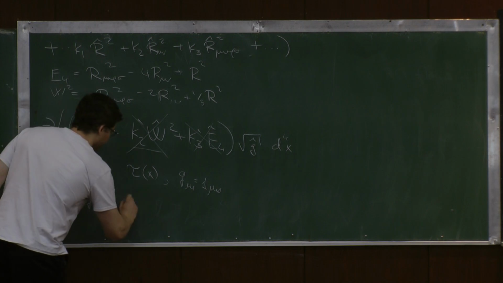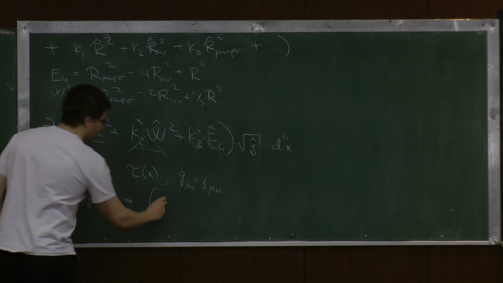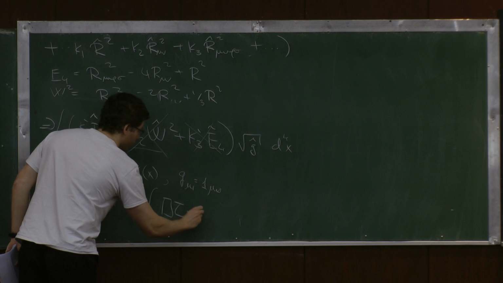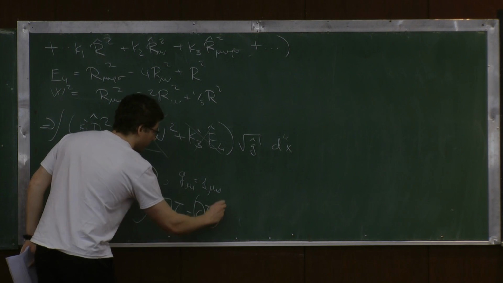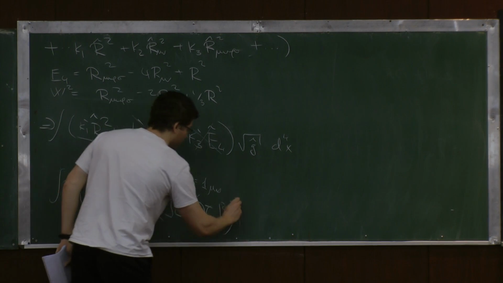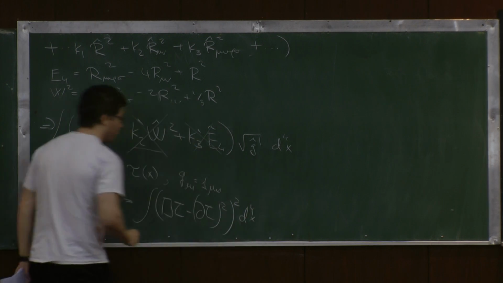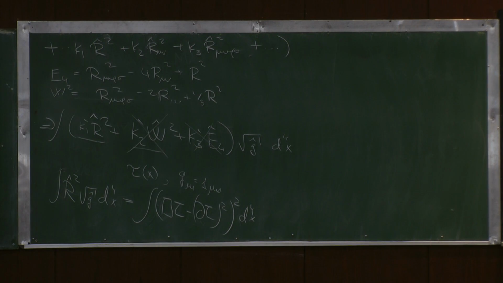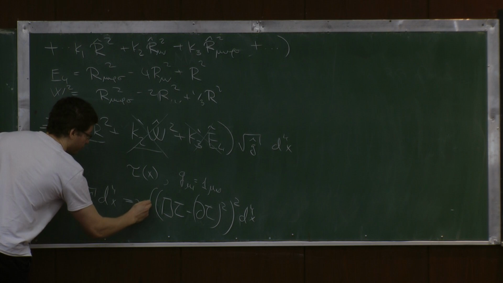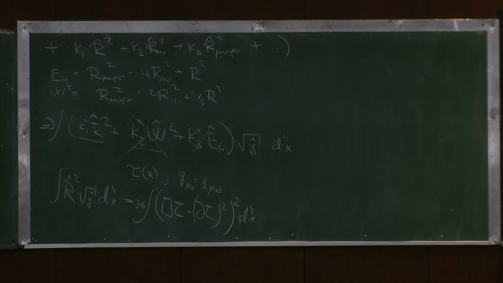And that's easy enough. One finds box tau minus d tau squared, all squared, d4x. This is a small computation that you can do. In fact, there is some factor here, like 36, but that's not important. So this is the formula that you get by using the familiar conformal transformation properties of the Ricci scalar.